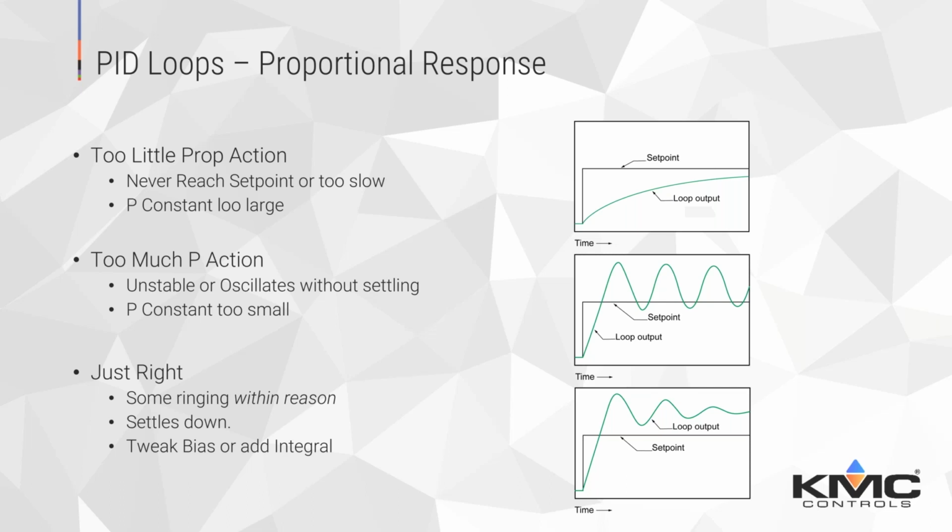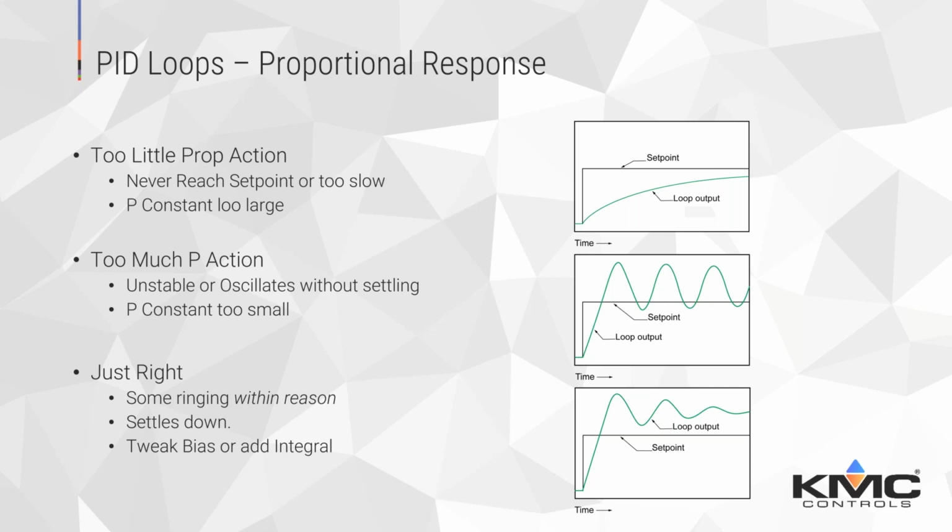For that room temperature, maybe I put a proportional action of 0.5 degrees or 1 degree, and I'm really not giving the loop enough time to deal with the variation in room temperature that would be required to maintain a steady control. So when this happens, I'm going to increase that proportional constant to slow it down and reduce that amount of proportional action.